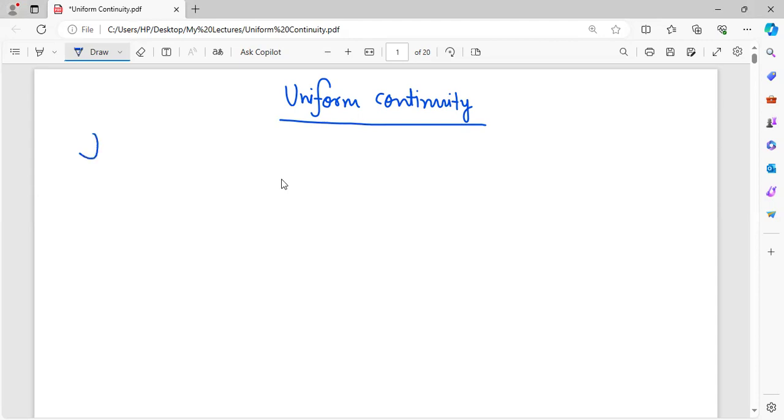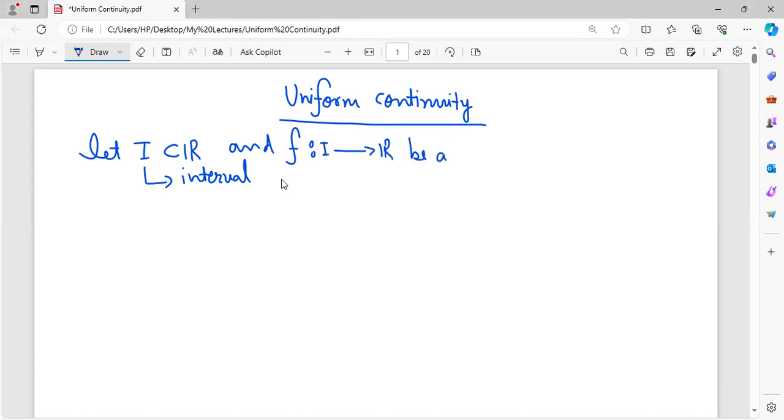Let I be a subset of R, I an interval, and f from I to R, the set of real numbers, be a function.